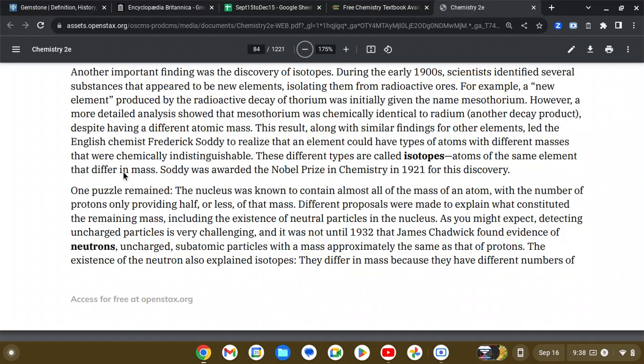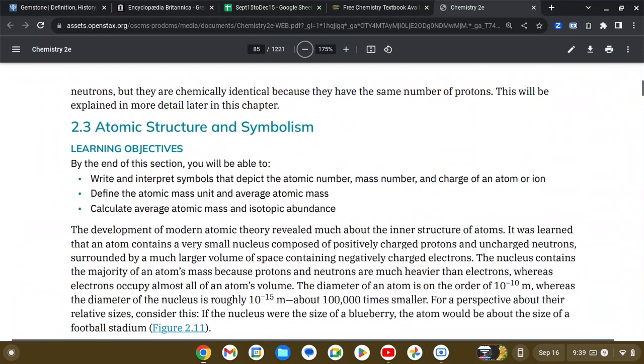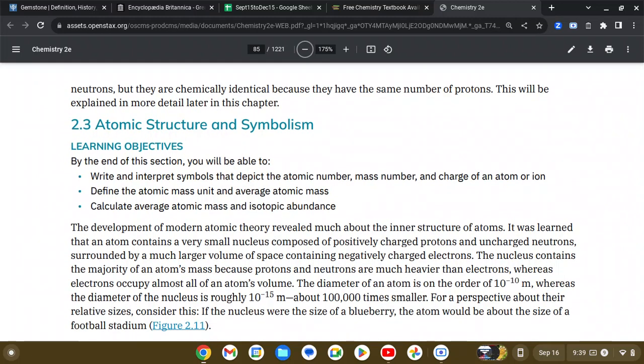As you might expect, detecting uncharged particles is very challenging, and it was not until 1932 that James Chadwick found evidence of neutrons, uncharged subatomic particles with a mass approximately the same as that of protons. The existence of the neutron also explains isotopes. They differ in mass because they have different numbers of neutrons, but they are chemically identical because they have the same number of protons. This will be explained in more detail later in this chapter.